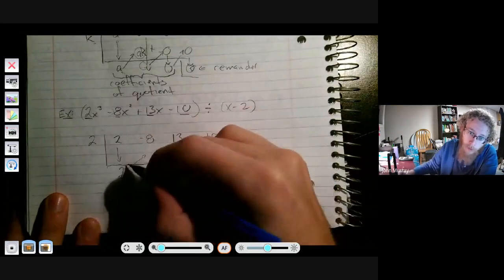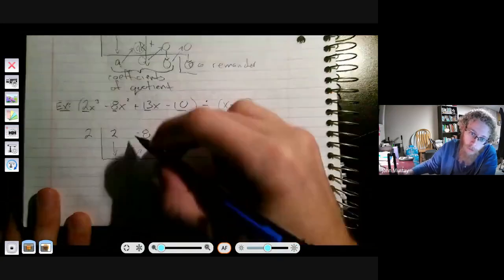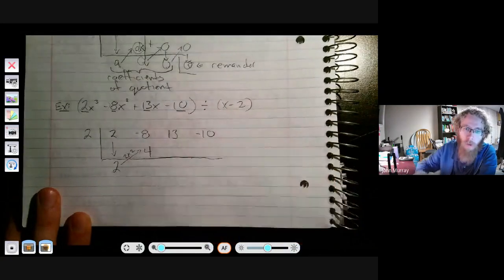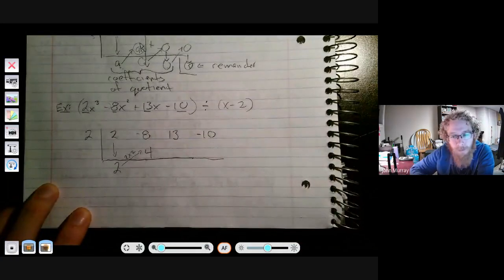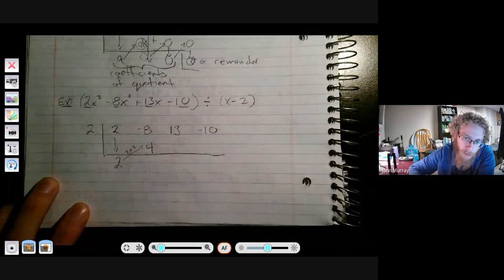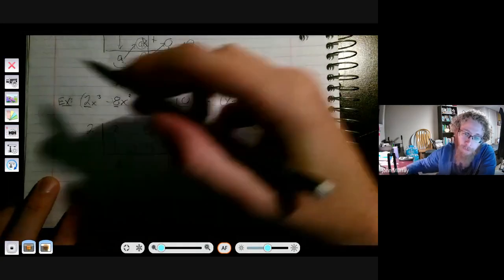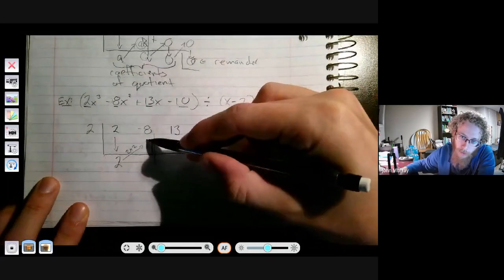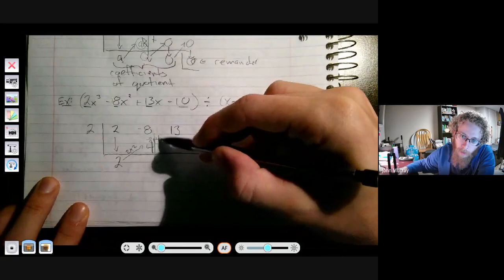Coming up here, I'm going to do 2 times whatever my k is. So 2 times 2, that's going to be 4. I'm not going to do this every time because it's going to get real messy and crunched, but I'm just showing you now. Down this way, I'm going to do negative 8 plus 4.